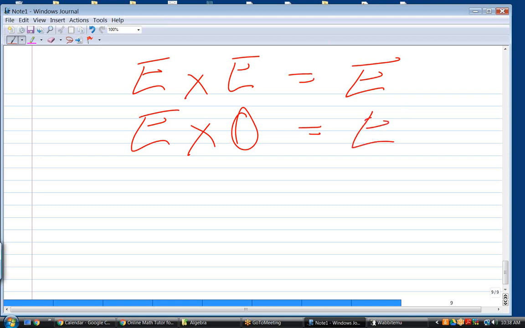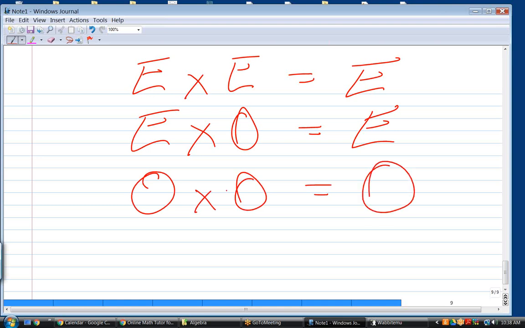That's always the way to answer these, incidentally. If you don't know the answer, just pick some numbers. Odd times odd is odd. Notice that's the only one of the three where you get an odd number.